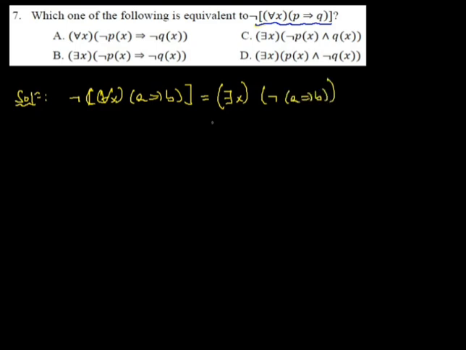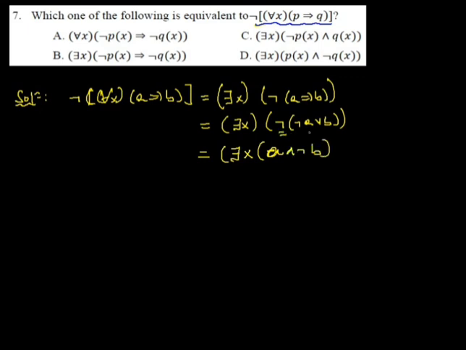Or you can equivalently write this as there exists x which is the negation of A implies B, meaning the negation of A or B. So again, this can also be expressed as there exists x which is A and the negation of B. You can distribute this negation into the bracket. The conjunction reverses to disjunction, disjunction reverses into conjunction, and the negation of negation will be the proposition itself.